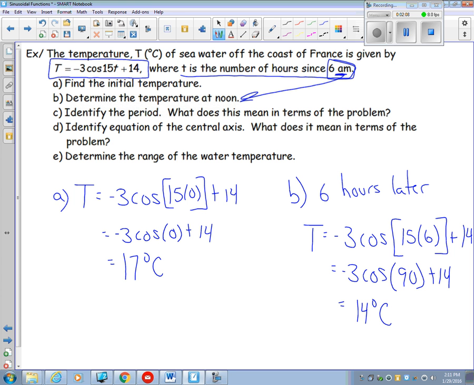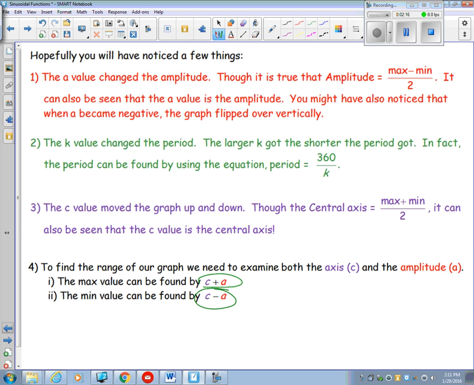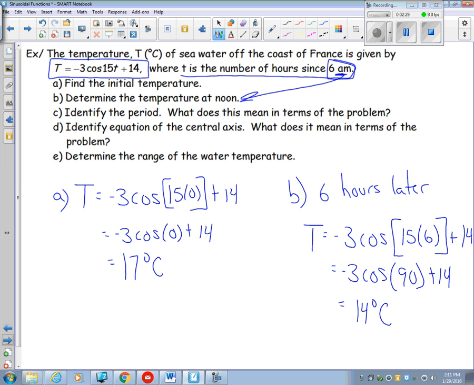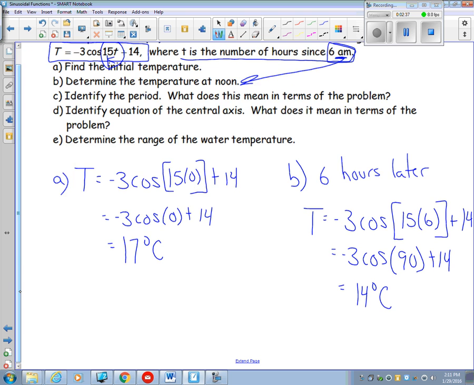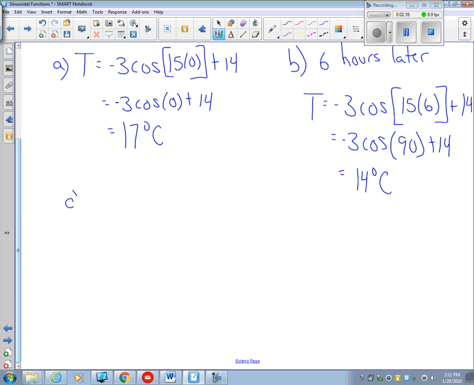Part C, I want to figure out the period. Now, from the previous page, and the part I told you guys to look over here, we were told that the period is affected by the k value. In particular, the period is 360 divided by k. And k is always the number between your cos and sine and your variable. So k is right here. So if I want to figure out the period of this thing, the period will be 360 divided by k.